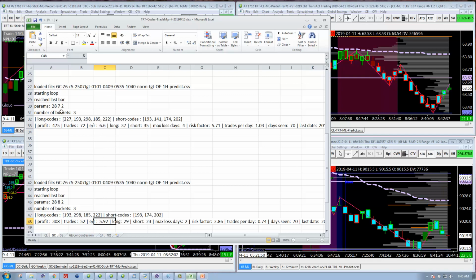Normally, as you go stricter in trade quality, from 7 to 8, I'd expect to see this ER number go up. Instead, it went down. What that means is that the trades that I lost by getting more strict really did well when they did show up.